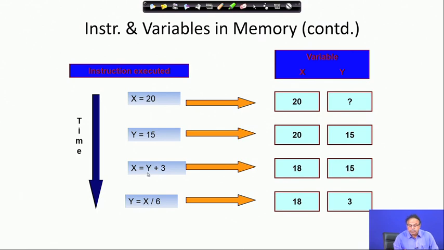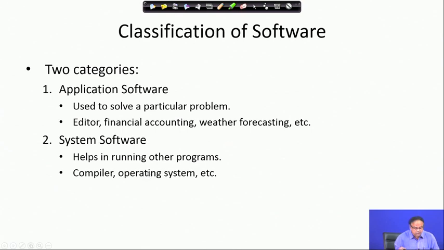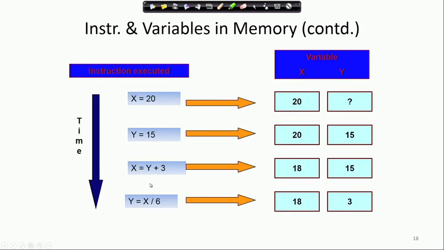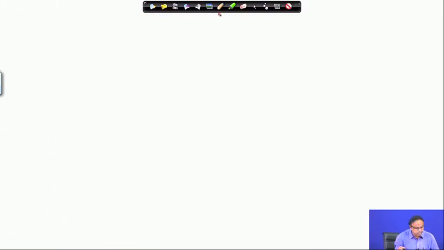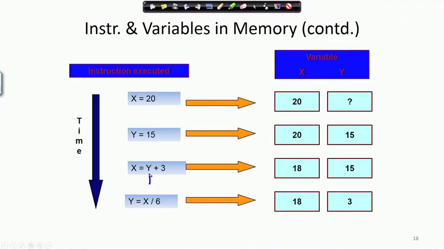And what happens to y? y is not disturbed, because at this point y has just been read, it has not been written into. I read from this location, I did not disturb it, I disturbed x.